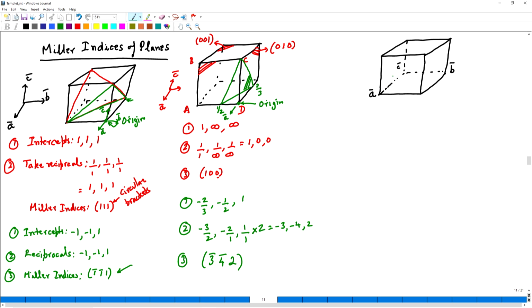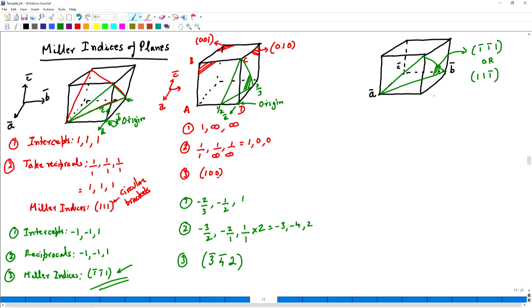I am just going to repeat it. The Miller indices for this plane, we had obtained out here, is bar 1, bar 1, 1. Now, suppose I negate all the numbers, then the same plane can be represented by 1, 1, bar 1. Now, let us see how we could do this.